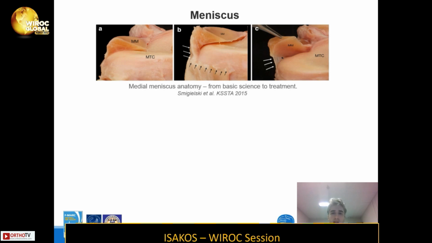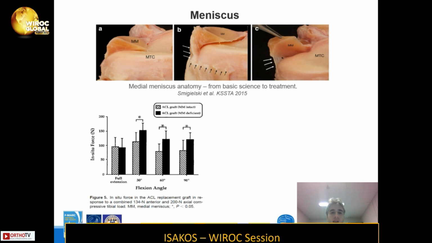The differences between the medial and the lateral meniscus in preserving knee laxity are explained by the geometry of the medial meniscus. So the medial meniscus, in particular the posterior horn, acts like a wedge, and it resists anterior tibial translation. So it's extremely important as a secondary knee stabilizer.